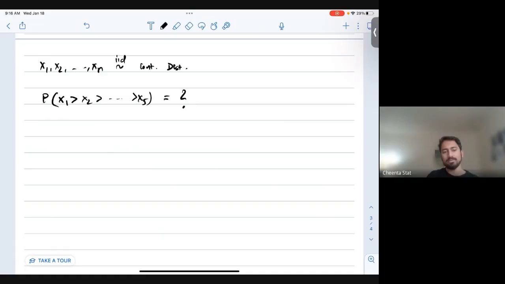What is this probability? This is nothing but the basic aspects of symmetric distribution, symmetricity of random variables that we have taught in our classes.